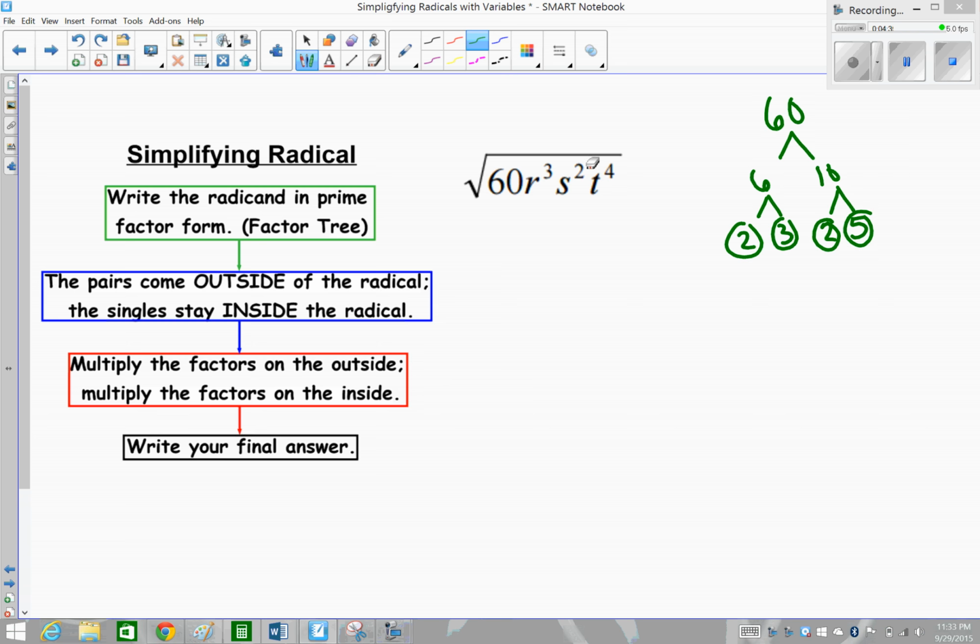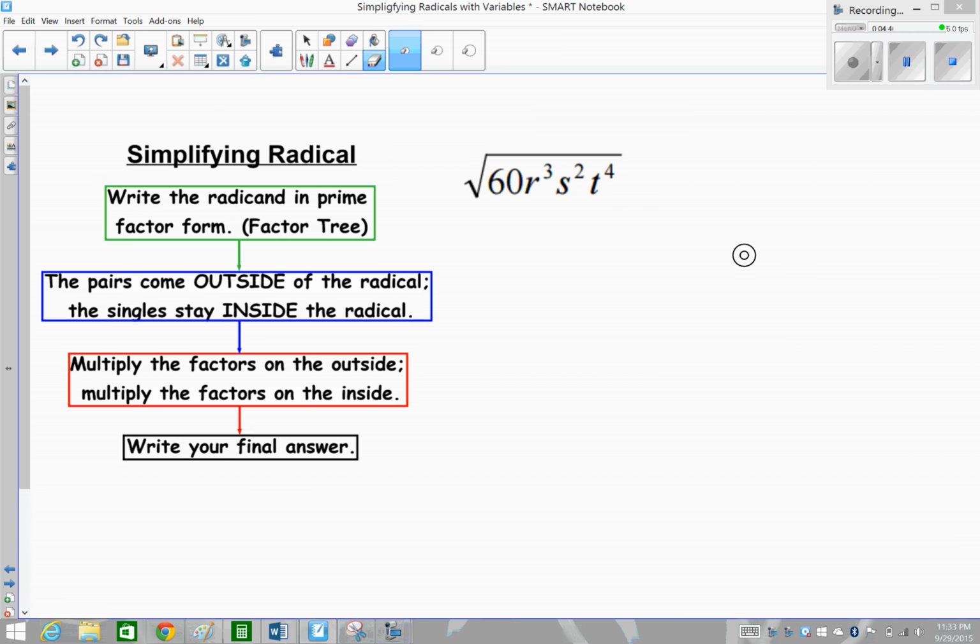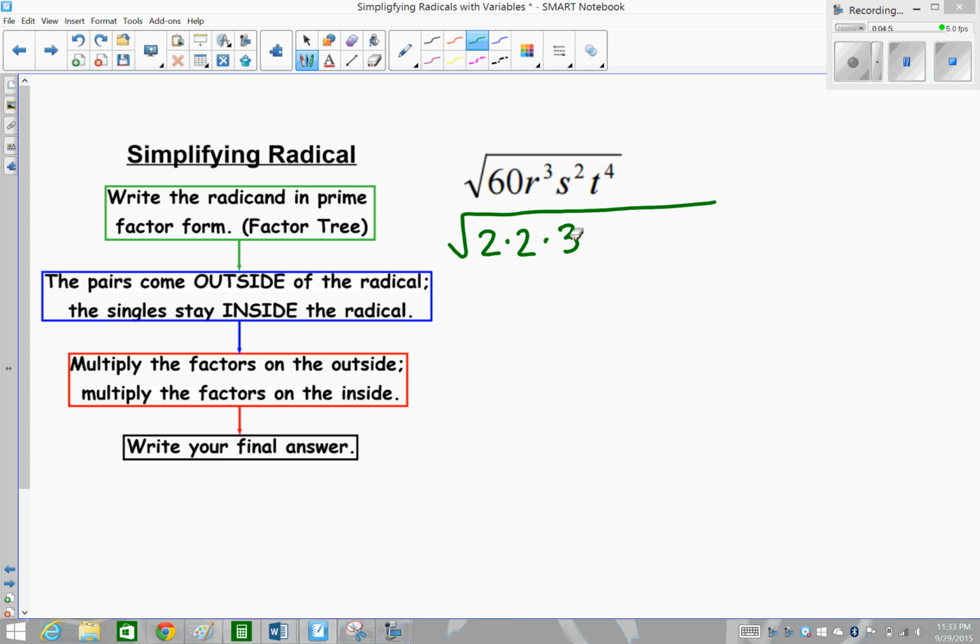The r, the s, and the t will be easy to write in factor form. We're just going to expand and write those down. So 60 was 2 times 2 times 3 times 5. R cubed is 3 r's.